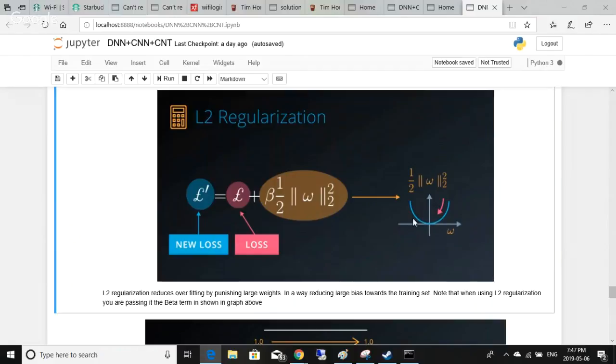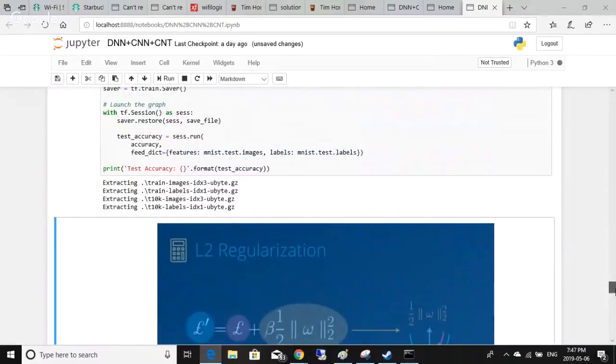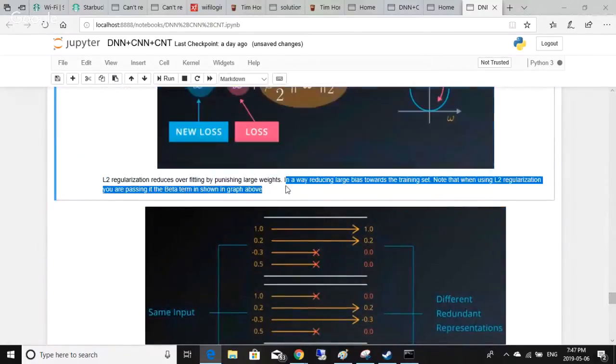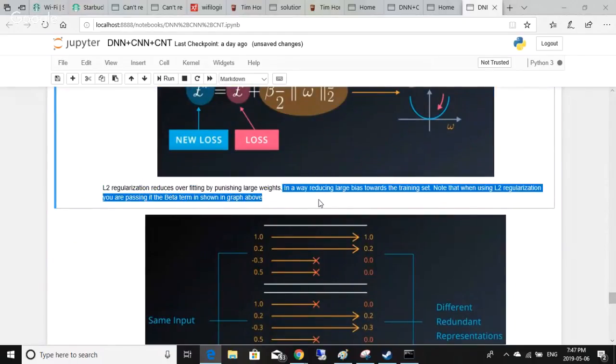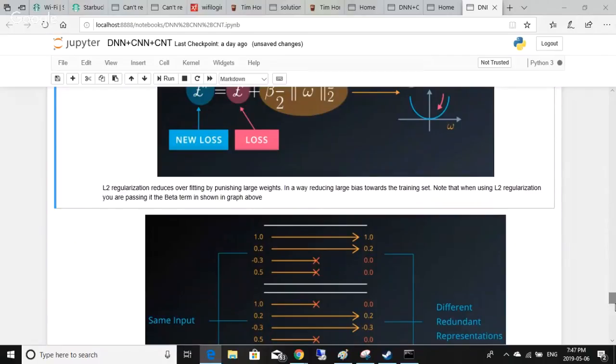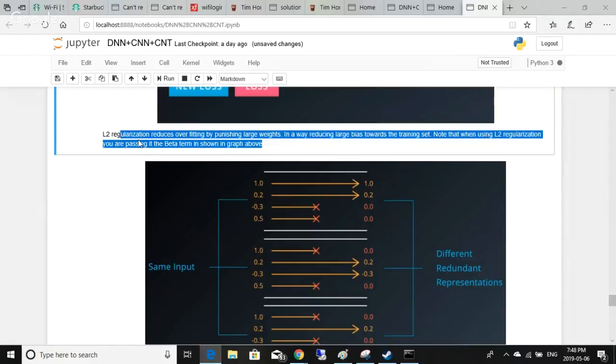This becomes very large as your weight becomes large, negatively or positively. It's there to punish large weights, so in a sense it's restricting what you can do with the weights. Otherwise you can have weights that are very large and just fit your training data.